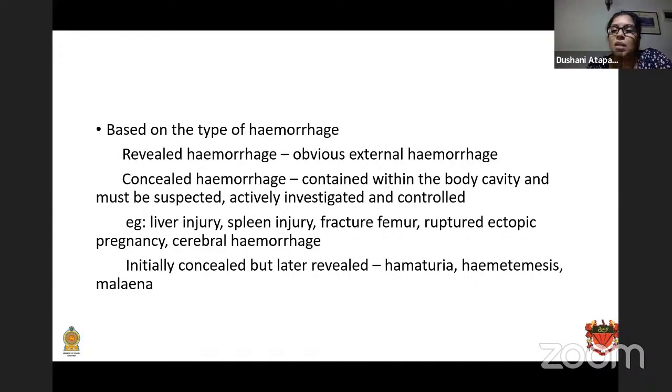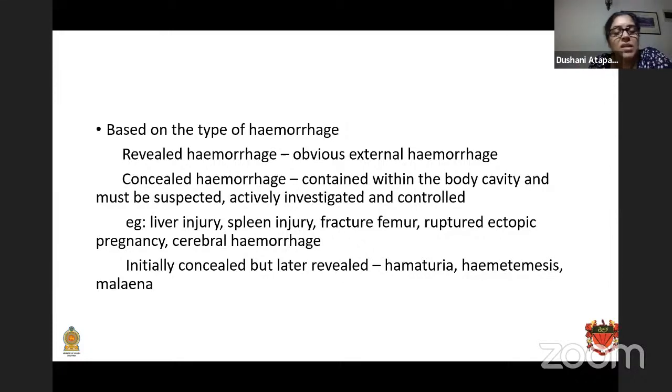This is more common in trauma, and it's very important for you all to identify these patients quickly. Examples are liver injury, spleen injury, fracture femur, ruptured ectopic pregnancy, and cerebral hemorrhage.